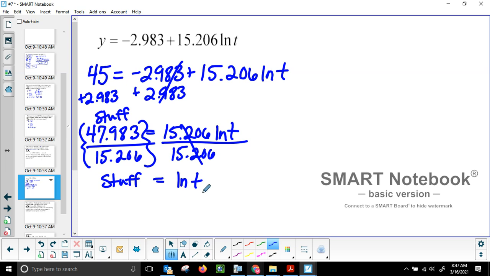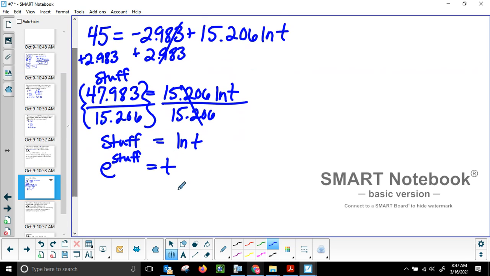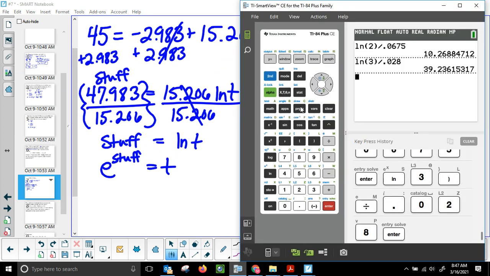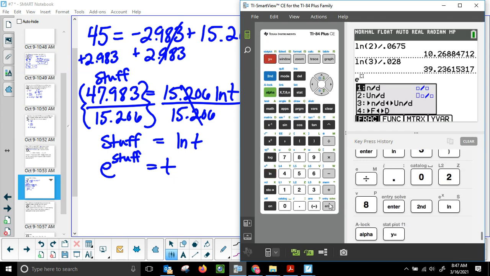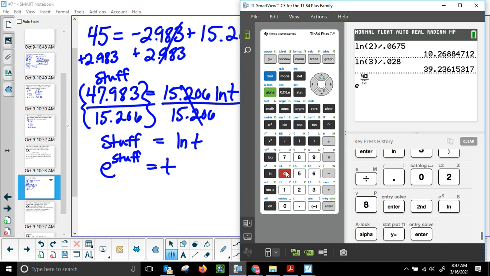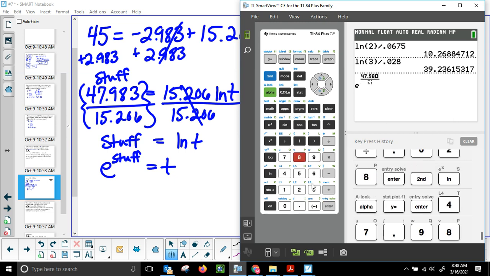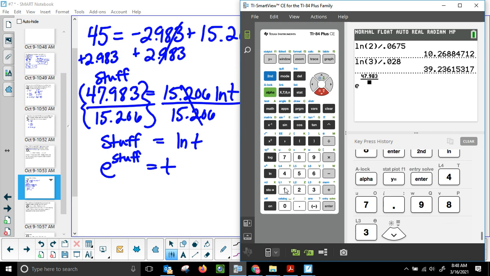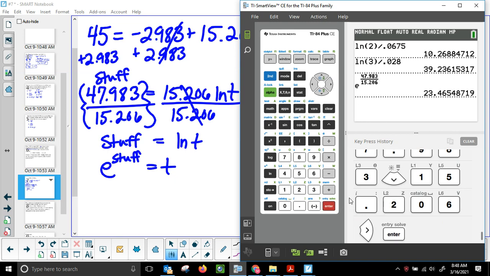Remember, ln is just log base e, so e to the stuff power is equal to T. So I can say e raised to the 47.983 on top over 15.206 down below, and that gives 23.465.